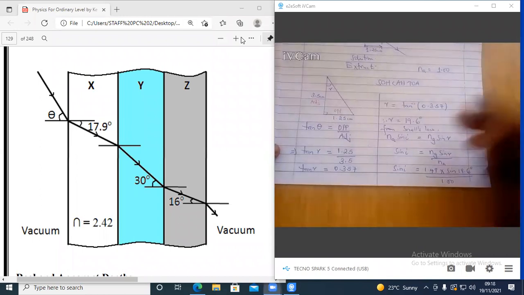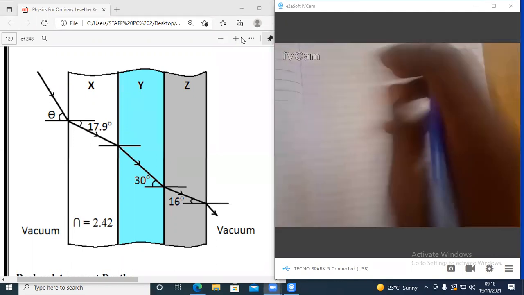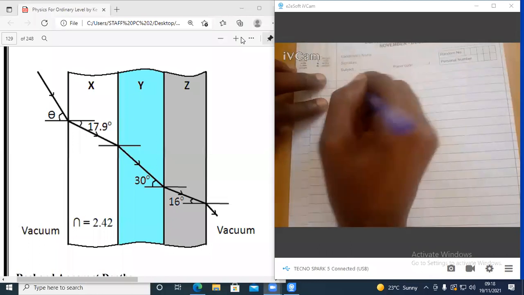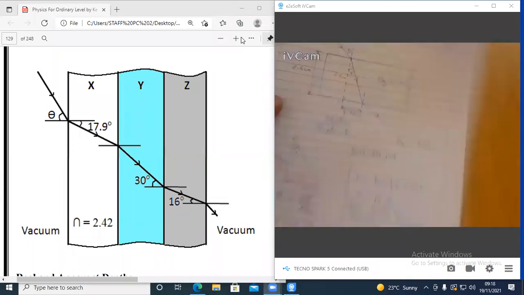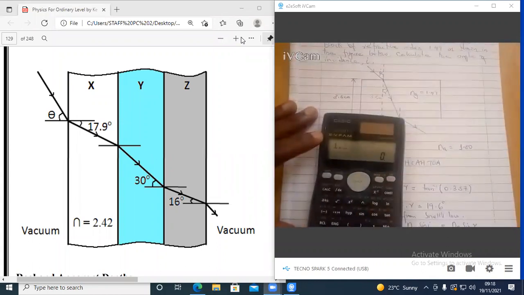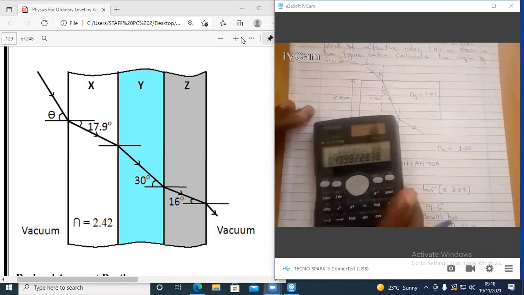What is the answer? Please work it out and get this answer for me. So our sine I will be equal to, what do we have here? We have 1.49 times sine 19.6. Even if you divide by 1, you still get the same value.